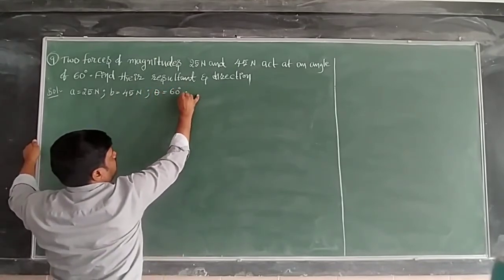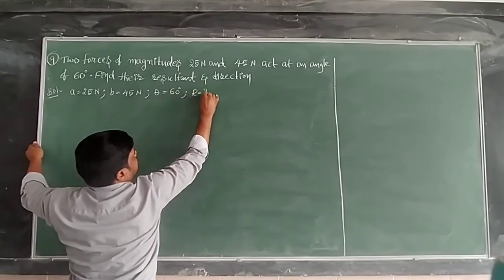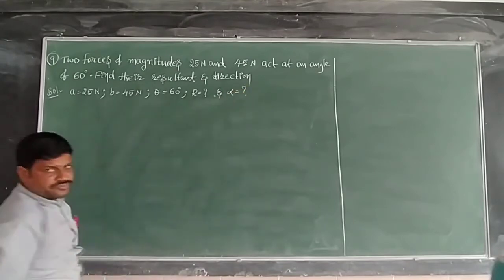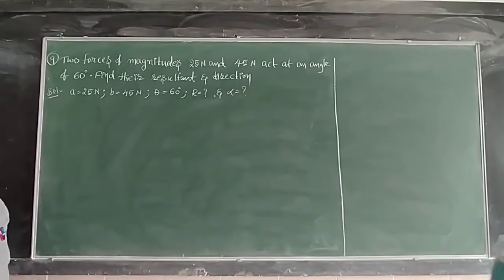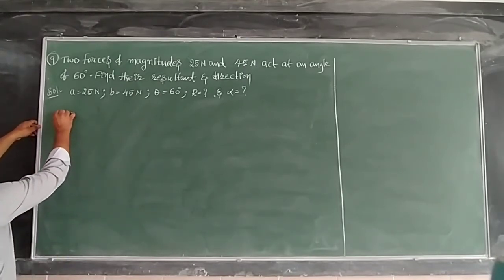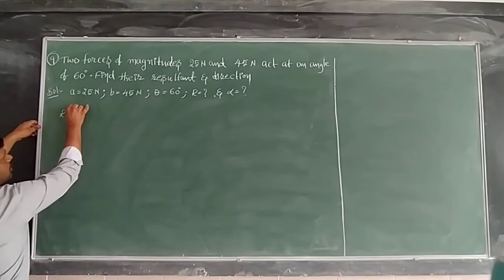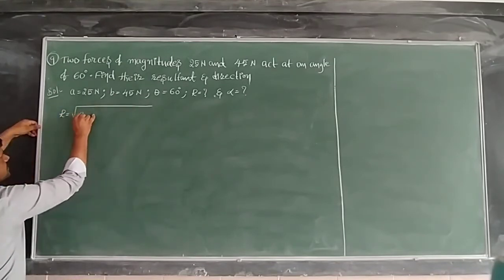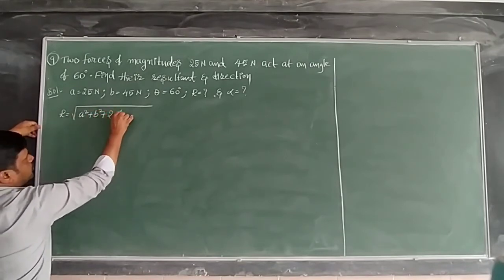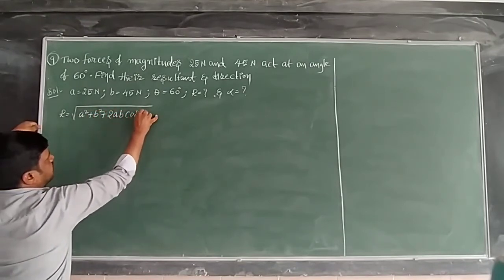We have to find the resultant of these two forces, and the angle of the resultant force with the 25 newton force. So the resultant force R, from the parallelogram law of vector addition, the formula is square root of A square plus B square plus 2AB cos theta.